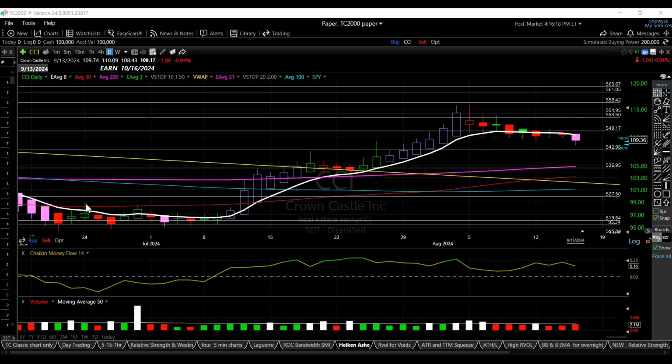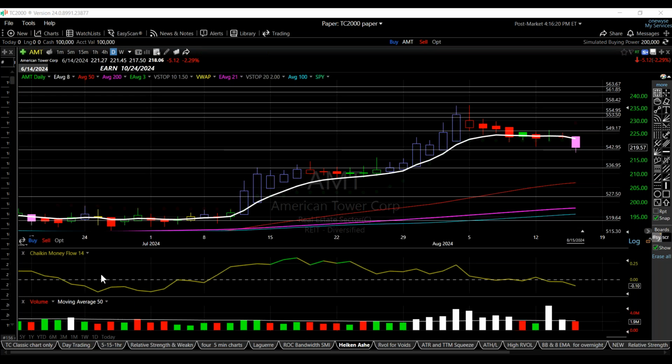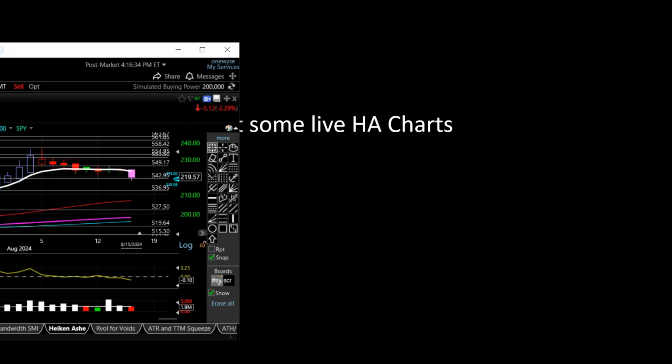So you've got to take other things into consideration, but the candles themselves are very, very useful to identify reversals in trend, which is what you're really looking for. You're looking for a reversal in a trend, or if you're in a trend, you're looking for a continuation in it. And the Heiken Ashi candles will give you a lot more of that than standard candles will. All right, so those are some charts that are live.